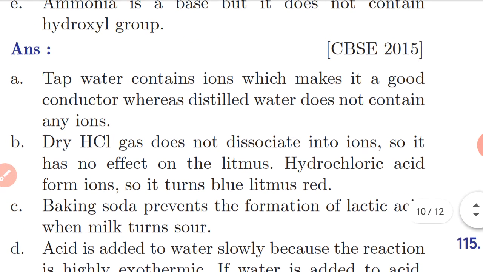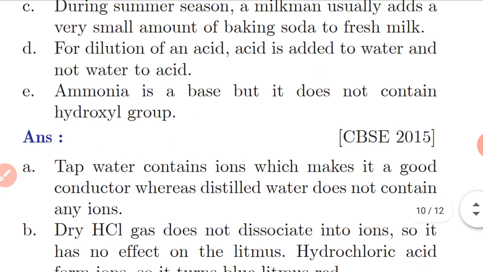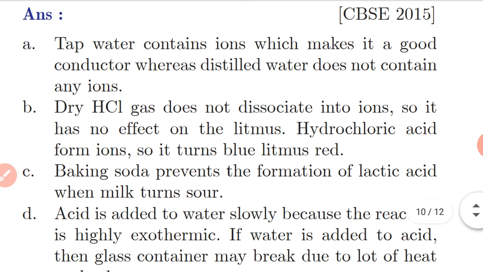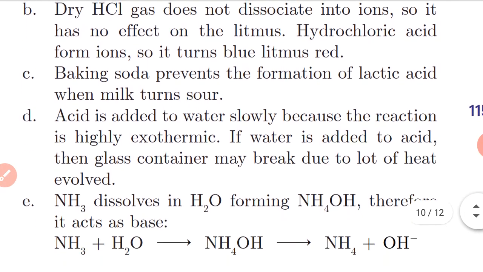Next question is, for dilution of an acid, acid is added to water. If we have to dilute an acid, the acid is added to water, and not water to acid. Why is this? So we know that this process is very exothermic. Acid is added to water slowly because the reaction is highly exothermic. If water is added to acid, then the glass container may break due to a lot of heat evolved.